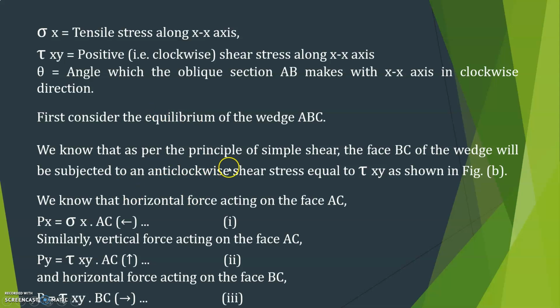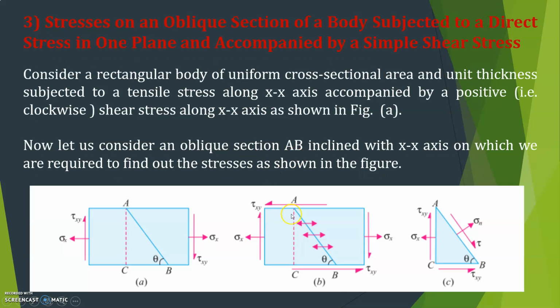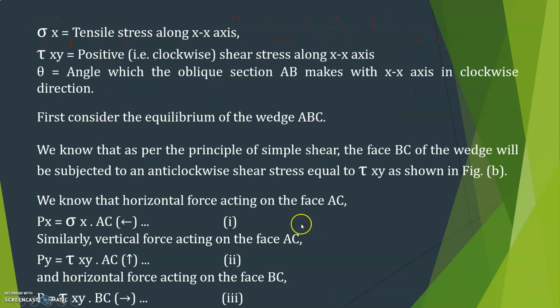Let us first consider the equilibrium of wedge ABC. Based on the principle of simple shear, the face BC of the wedge will be subjected to an anti-clockwise shear stress equal to tau xy, as shown in the figure.